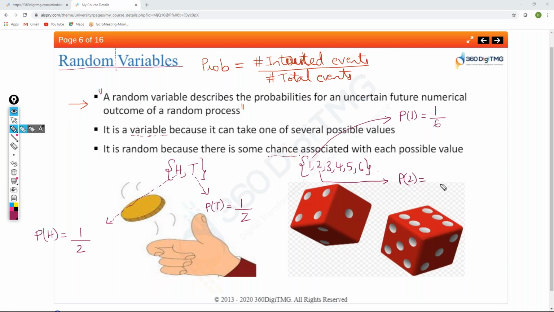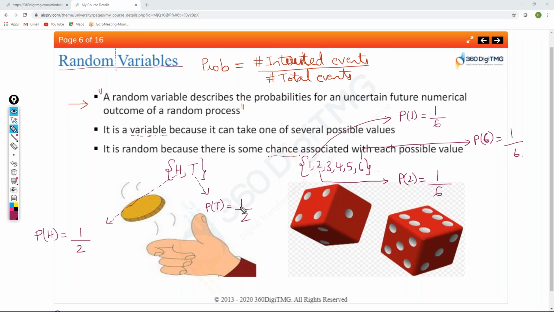So the number of interested events is 1 divided by the total number of events, which is 6. Probability of getting a 6? 6 is a single event, so number of interested events is 1 divided by total number of events, 6.